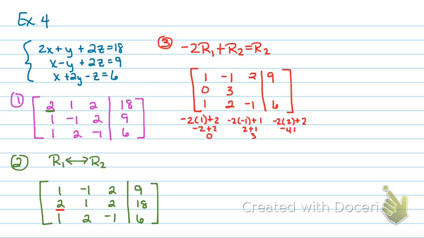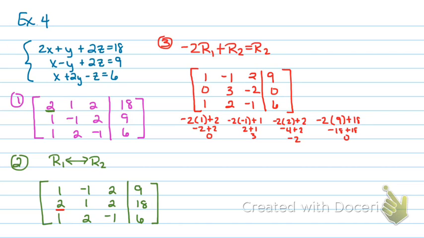So I get negative 4 plus 2, which is negative 2. And finally, that last column, again it's negative 2 times the number in row 1 plus the number that was originally there, which is 18, and we get negative 18 plus 18, which is 0. Alright, so now we've got that 0 there.